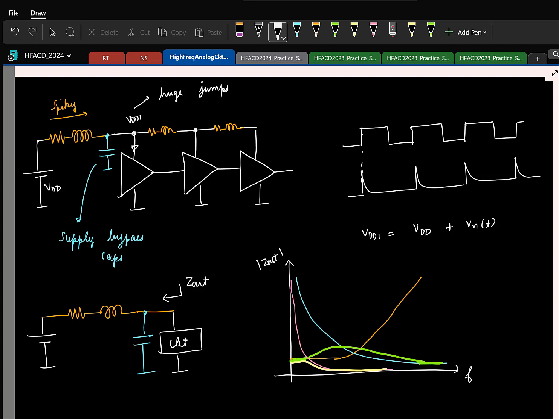Great. So now let's see if you have some small variations in your supply, how will the op-amp respond? And let's take our 5 transistor OTA as an example. I'll quickly sketch it.